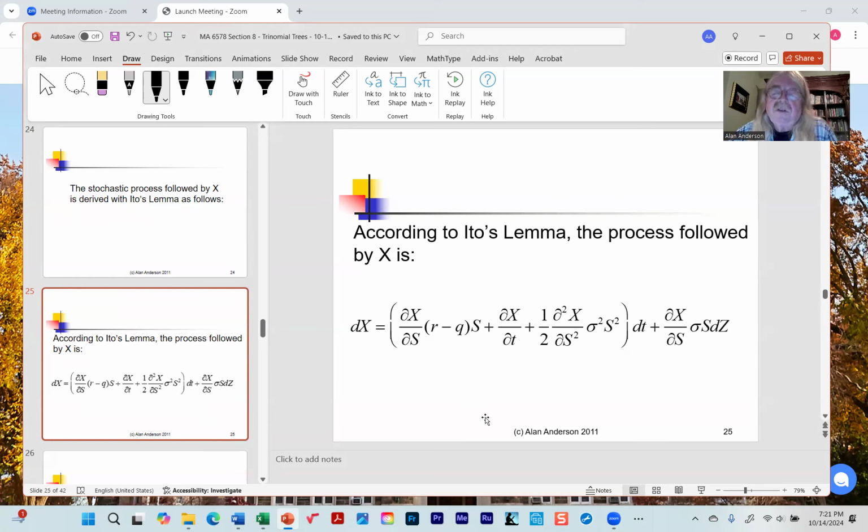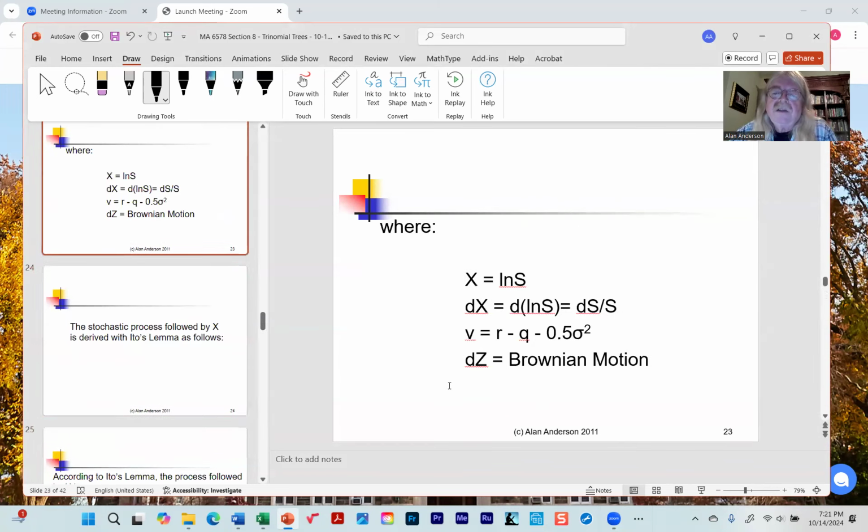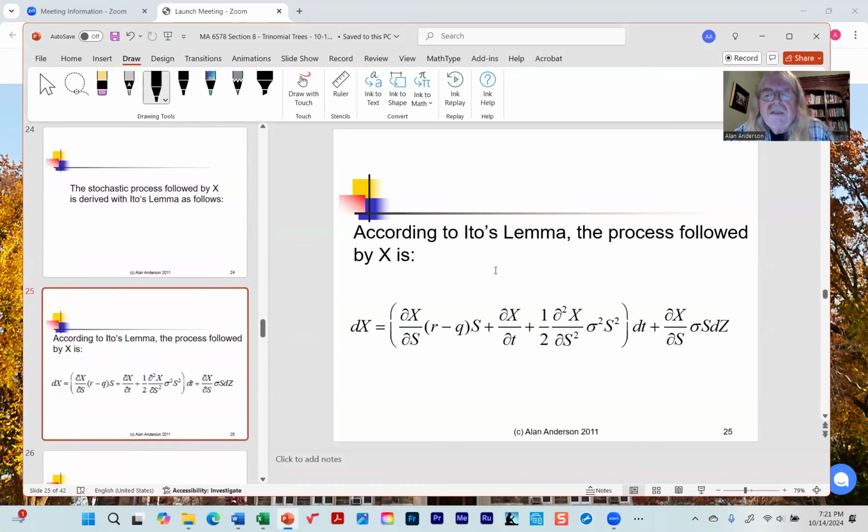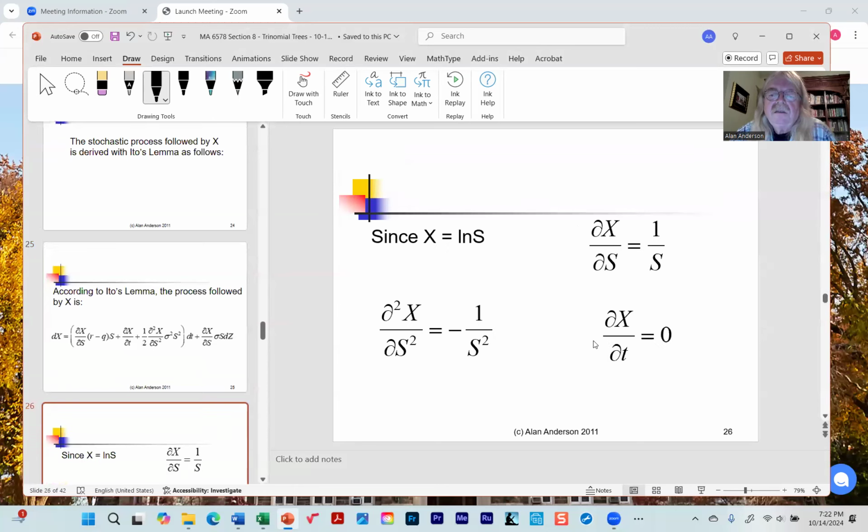And you can see there's a lot of partial derivatives in here. Remember, X itself is a function of the underlying asset and t. So we need partial derivatives because X is a function of two variables. By the way, you'll see later on that these also all correspond to some of the Greeks, the risk measures that we've seen for options.